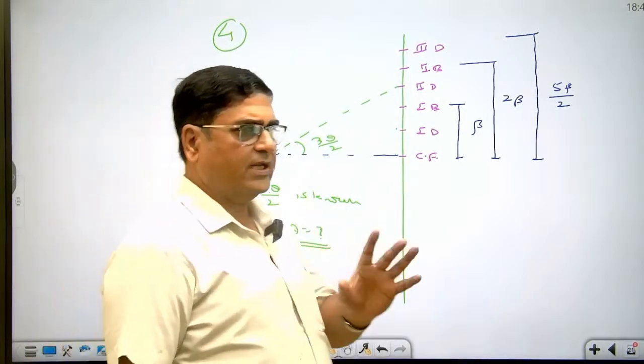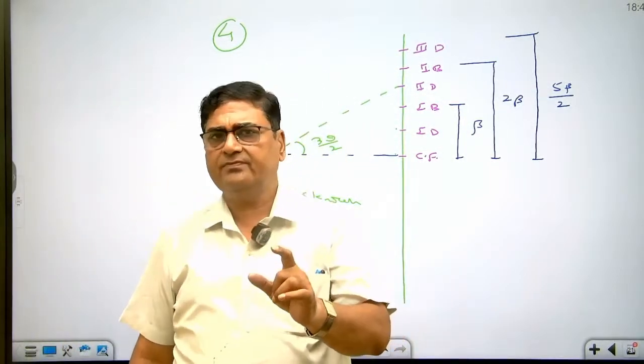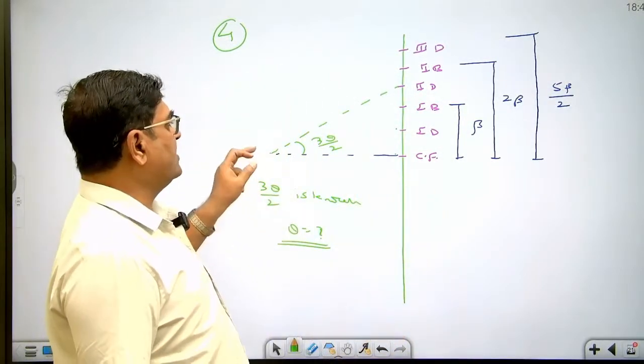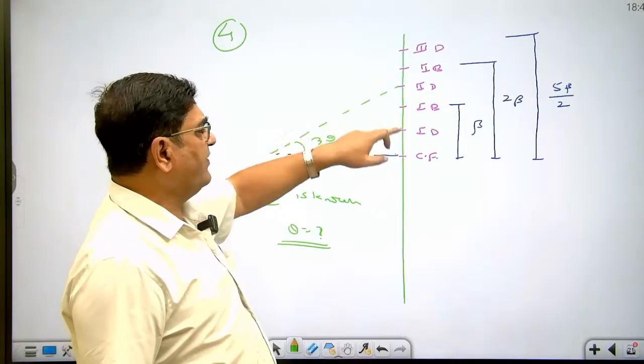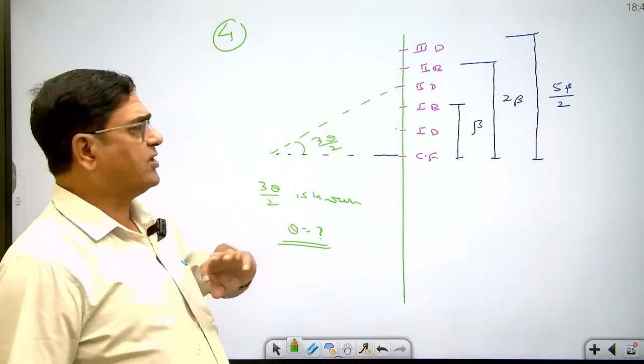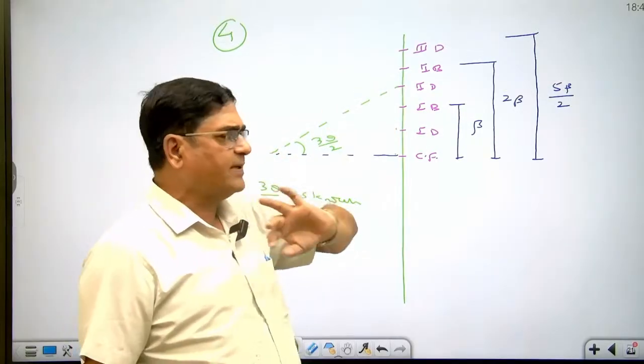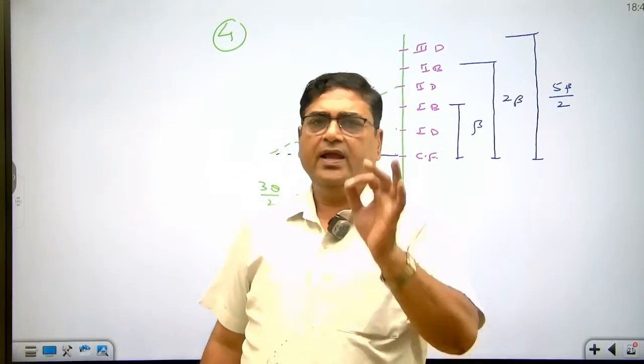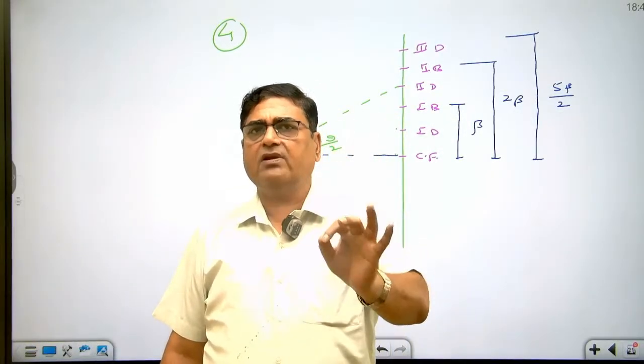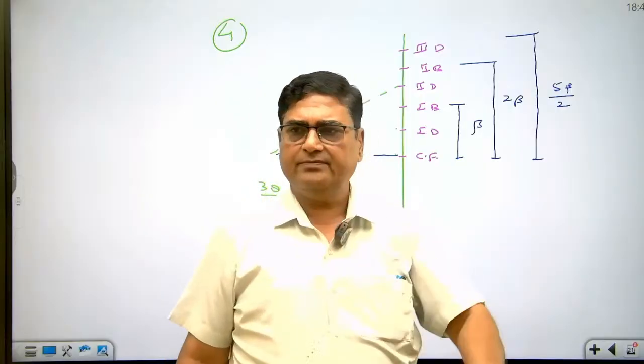This is the angular fringe position of the second dark fringe with respect to central fringe. Remember, angular fringe position and angular fringe width are different terms.